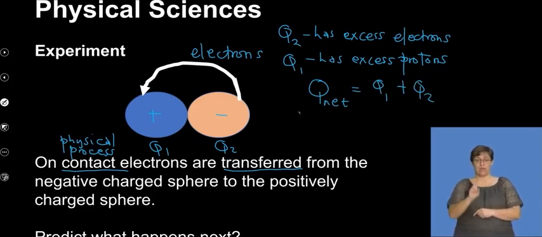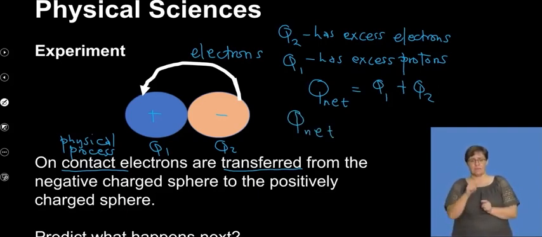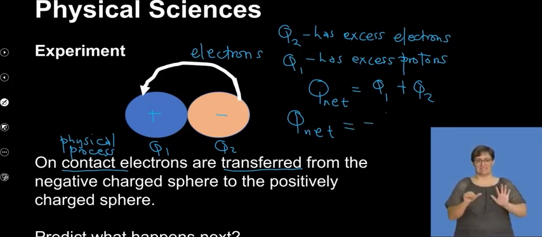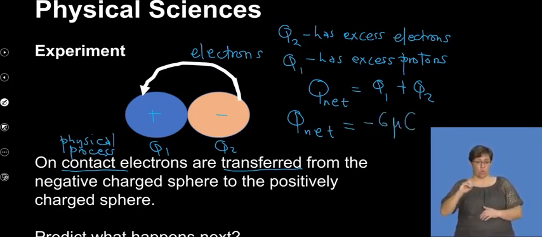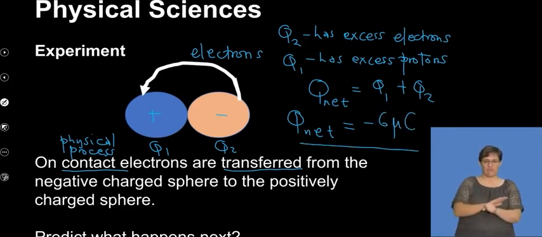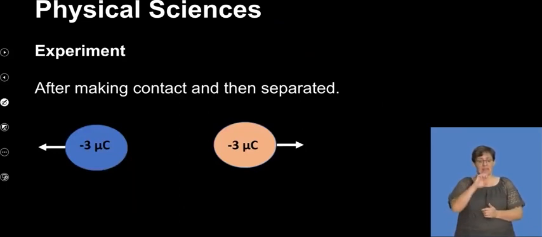Because one is +4 and the other -10, this is equal to -6 microcoulombs. So this is the total charge in this system. Before they were brought into contact and after, the net charge must remain the same.